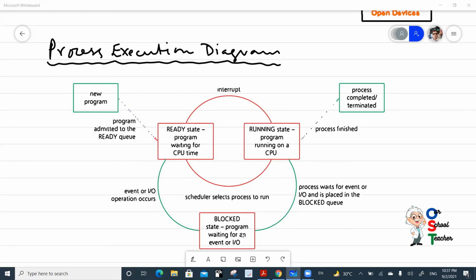If the process which was requiring IO has fulfilled its IO requirement, then it will come back to the ready state. And from this ready state, it will again go to running state. And if it is complete, then the process will be terminated, right? So this is how the process execution takes place.